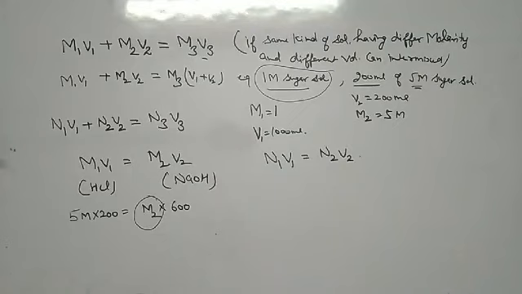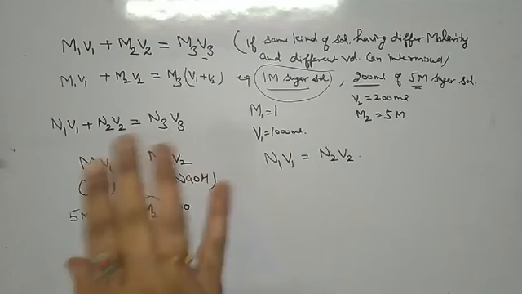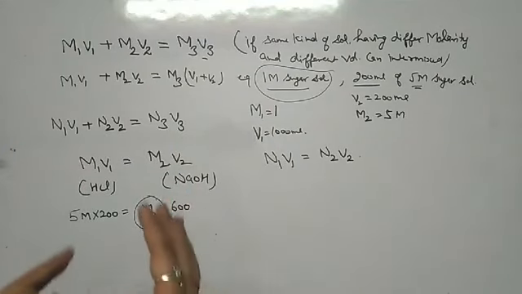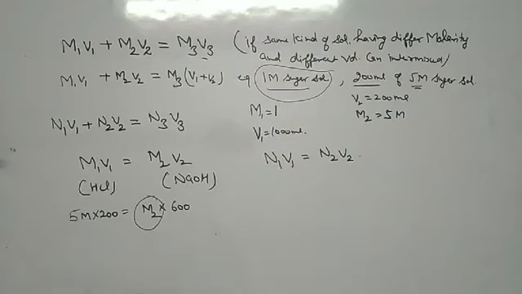Okay. Normality means the number of gram equivalents. Clear? Normality, as we took molarity, is the number of moles dissolved in a liter of solution. Suppose the total amount of the solution is 1 liter. You may take the example of a salt solution or a sugar solution.